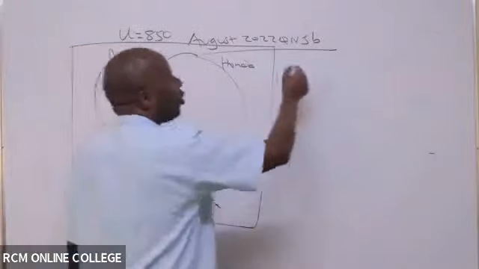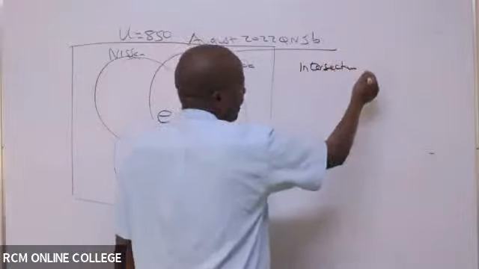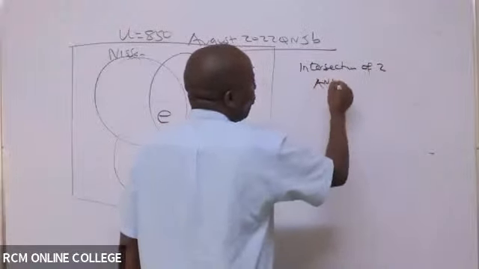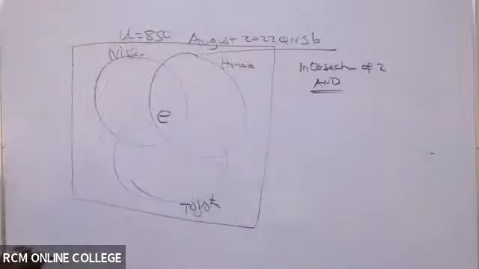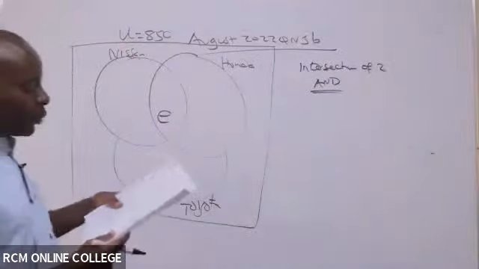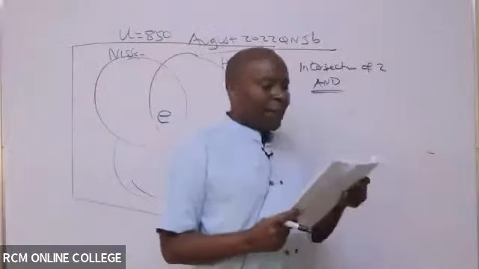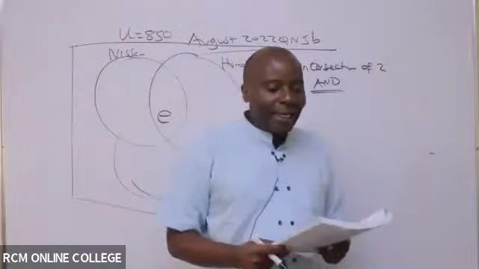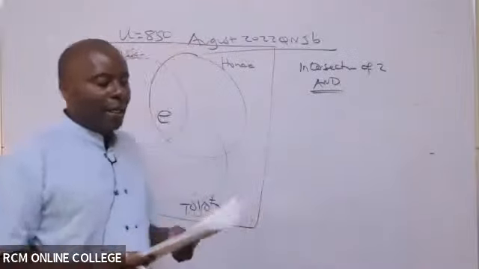We look for the intersections now, the intersections of 2. That is the and. Look for the and statements. The very first and statement that I'm able to see is 120 residents owned both Nissan and Toyota. The key word there is and. They owned Nissan and Toyota.